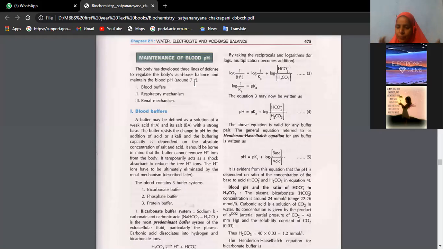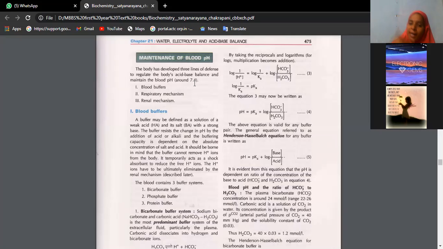Whatever oxygen is inhaled and converted to carbon dioxide is arrested in the cardiovascular system. Under normal circumstances, whenever carbon dioxide levels rise in the blood, as we have studied in regulation of respiration, it triggers the respiratory centers in the brain and causes hyperventilation.